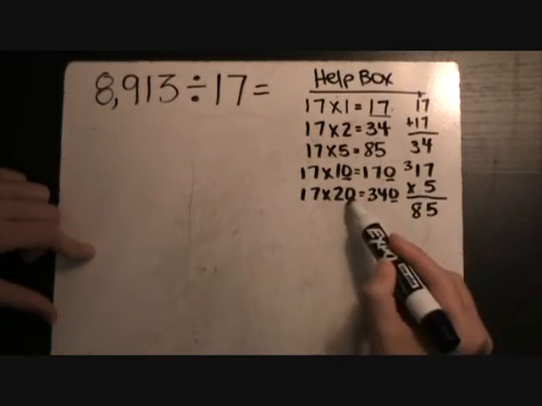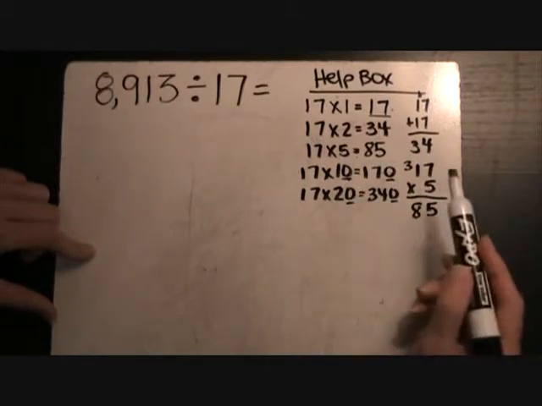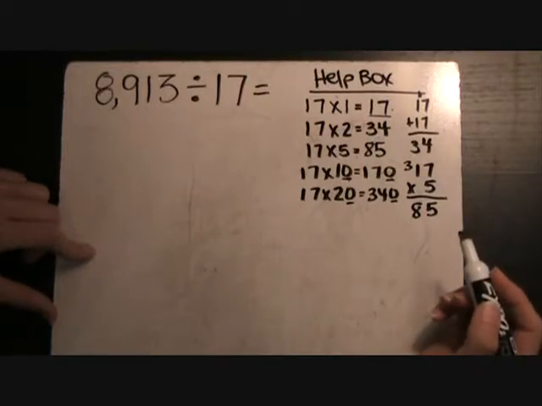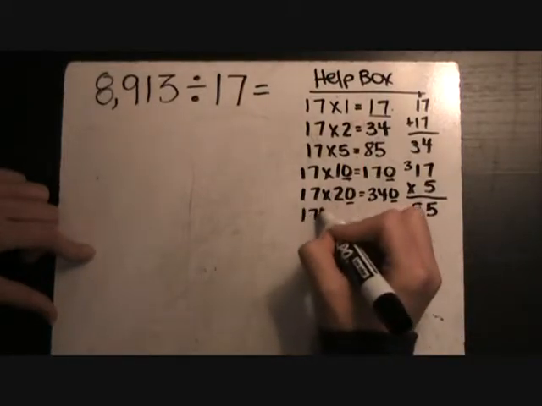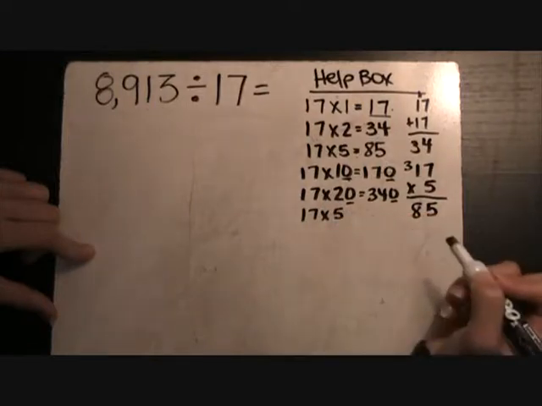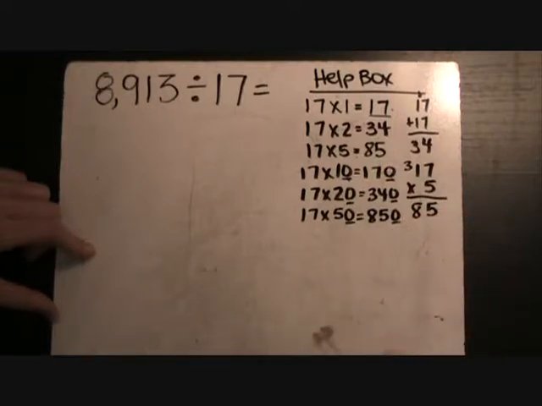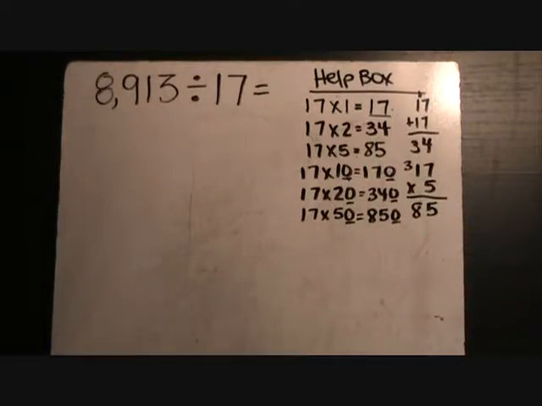There again, I'm just adding a 0 to 20 and then a 0 to my answer of 340. 17 times 5 was 85, so 17 times 50 would be 850. And this works with all numbers. If you add a 0, then to the answer, you would add a 0 as well.